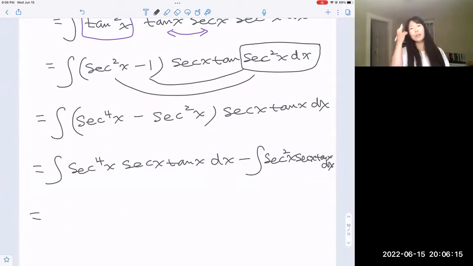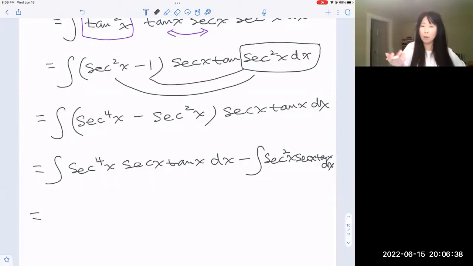So antiderivative of secant to the fourth power, what do you get? As an antiderivative? Integration. Secant to the fifth divided by 5, yes.